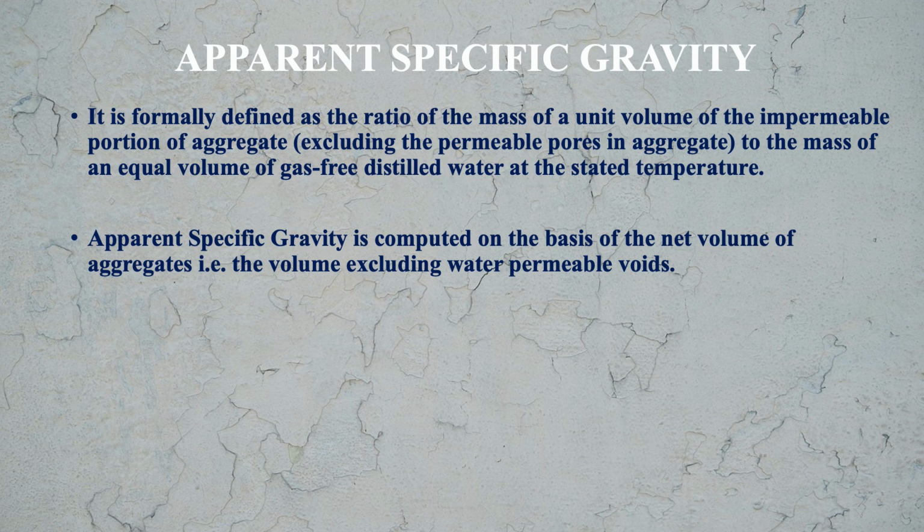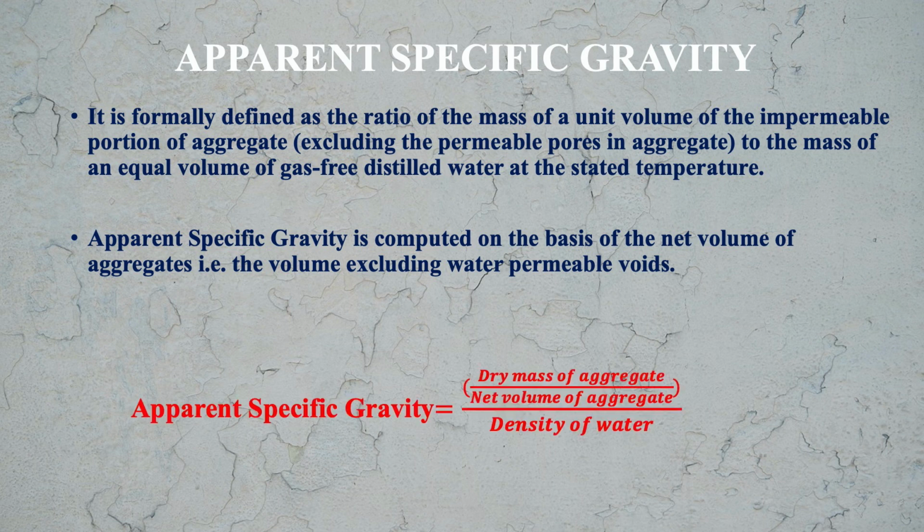Now apparent specific gravity is computed on the basis of net volume of aggregate, that is the volume excluding water permeable voids. So you can calculate the apparent specific gravity by dividing the dry mass of aggregate by the net volume of aggregate, and this ratio will be divided by the density of water.